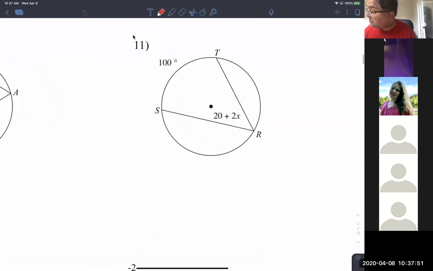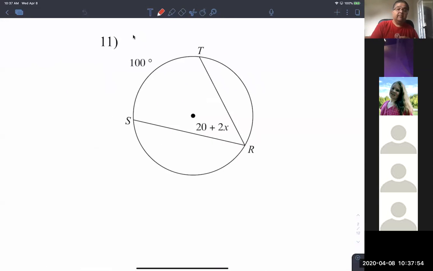Let's do number 11. Let's start off easy, like a warm-up, if you will. We're solving for x.